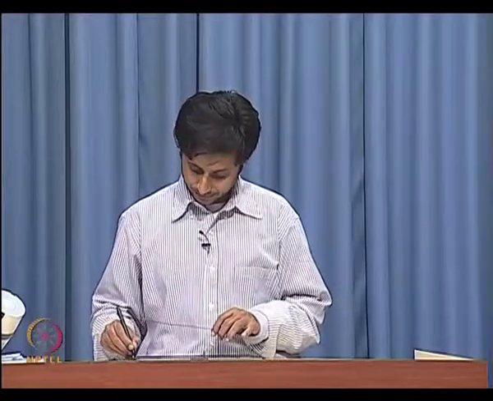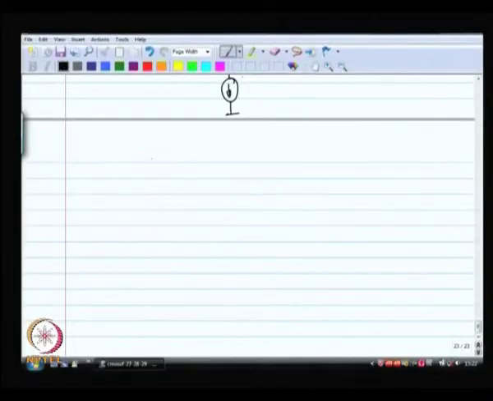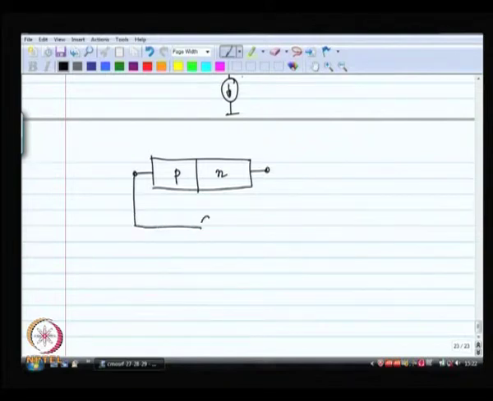All right. Now, think about what happens when you make a p-n junction. Whenever you make a p-n junction, even before you apply a reverse bias voltage, let us say the voltage you have applied across this is 0 volts.